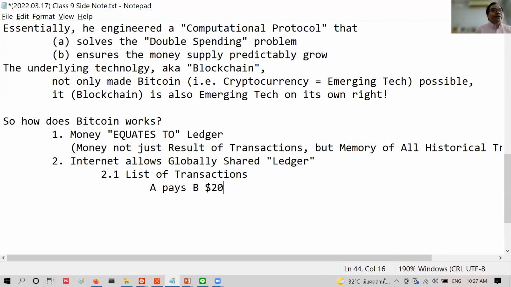This is a Bitcoin dollar. So A pays B $20, and this is a line that's broadcast to everybody. So this gets broadcast.